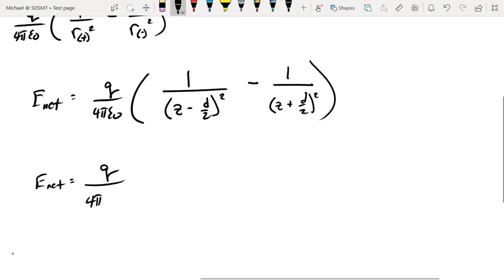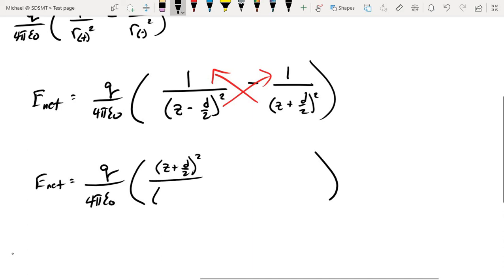But if we're going to do that, what we do to the bottom, we have to do to the top. And so, long story short, we're going to do a cross multiplication between our values. And so what we're going to see is Z plus D over 2 squared over Z minus D over 2 squared.